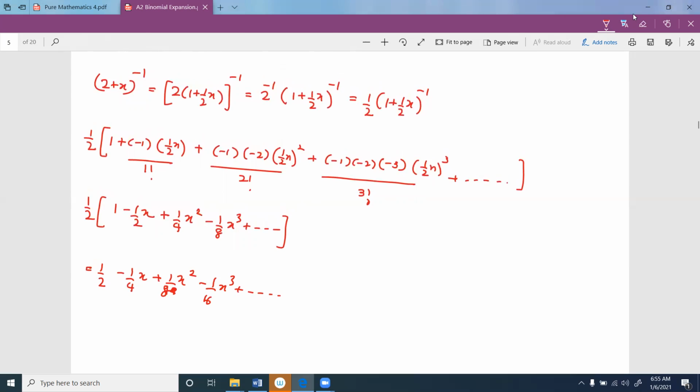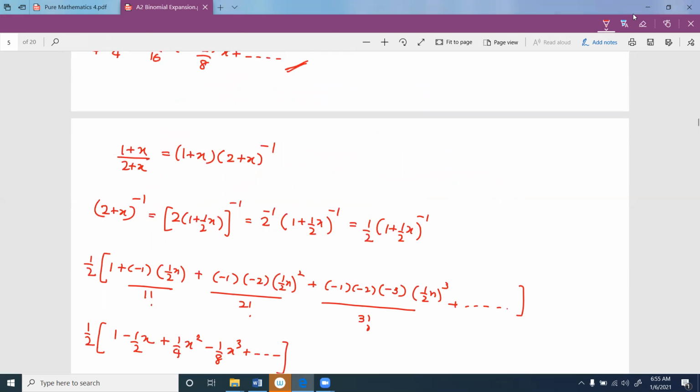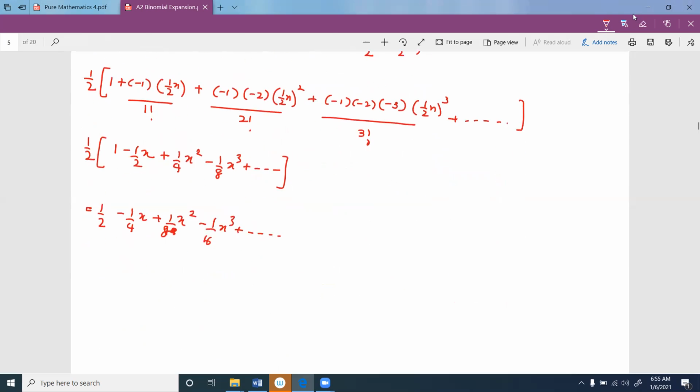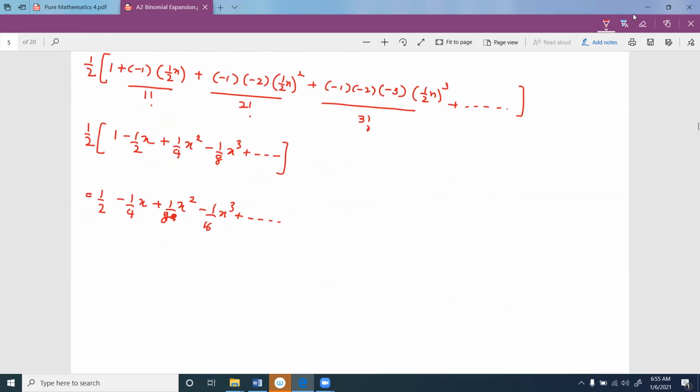There is another part at the top. We have to multiply 1 plus x into that expansion. Then the final answer becomes 1 plus x times this bit: 1 over 2 minus 1 over 4x plus 1 over 8x to the power 2 minus 1 over 16x to the power 3, and it goes on.